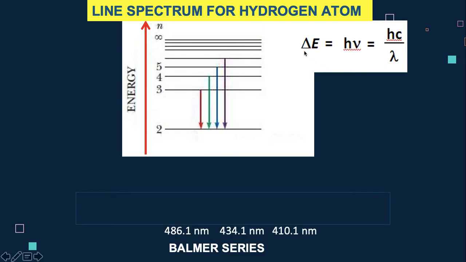So we know that delta E is equal to Planck constant multiplied by nu, the frequency, equal to Planck constant multiplied by the speed of light over the wavelength. So this is the line spectrum for the Balmer series.